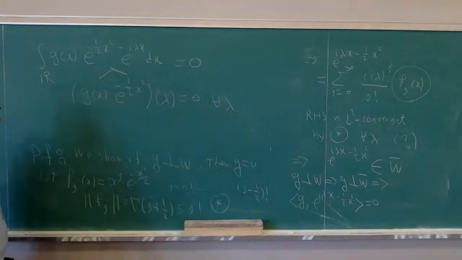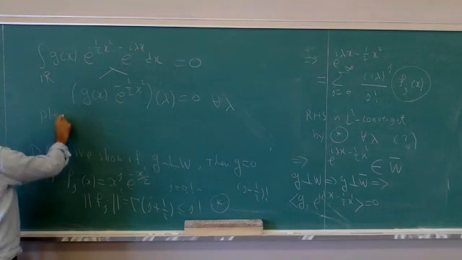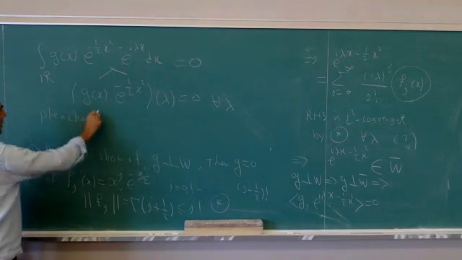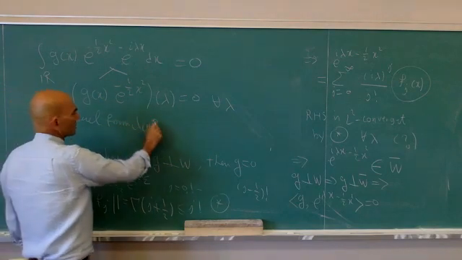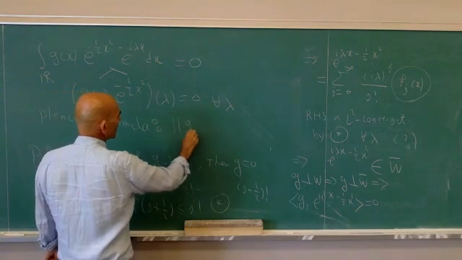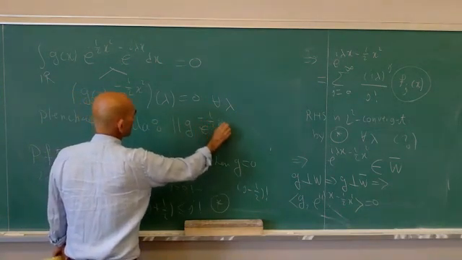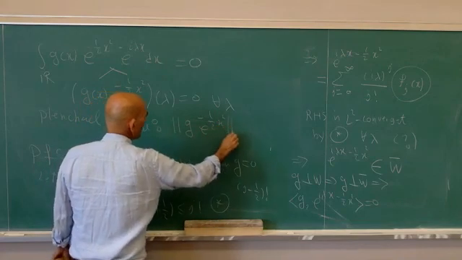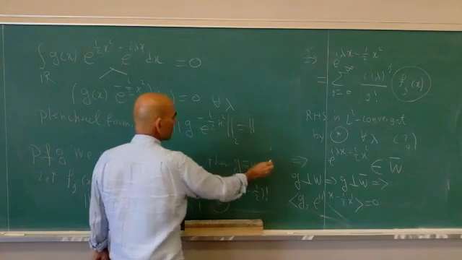But then there is this powerful result called Plancherel's formula. In particular, it shows that the Fourier integral is injective. It preserves norms: the L2 norm of g times e to the minus half x squared is equal to the L2 norm of its Fourier transform.